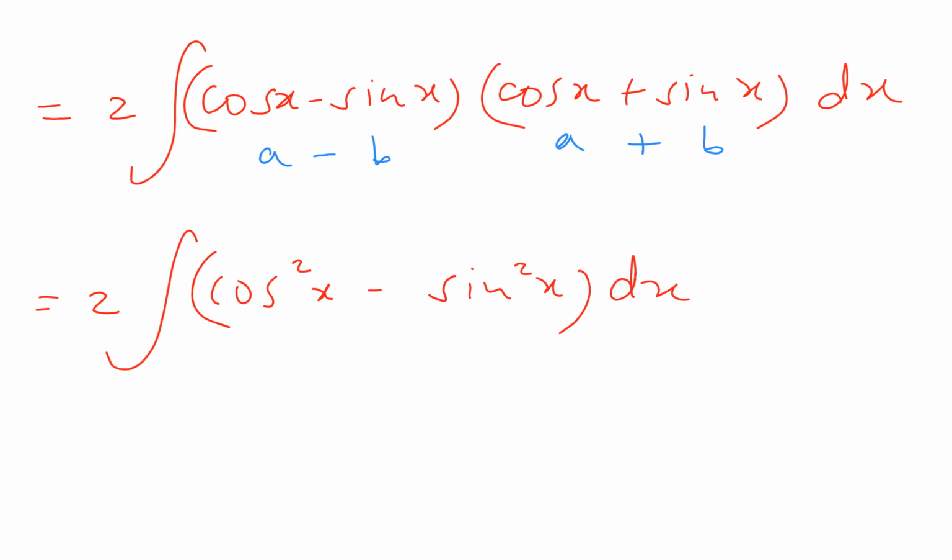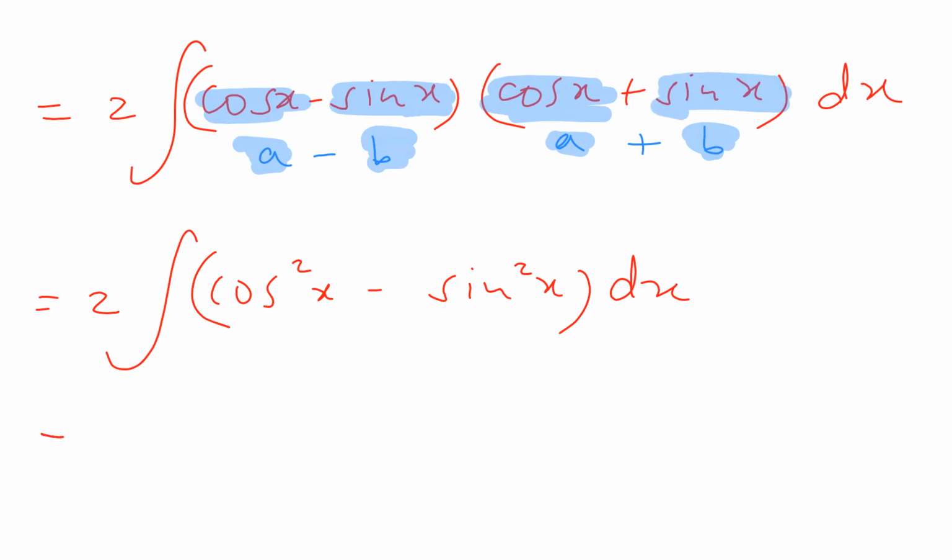Cos square x minus sin square x, right? a square, a is cos x, cos x the whole square is cos square x, and b is sin x, so b square is sin x the whole square, which is sin square.